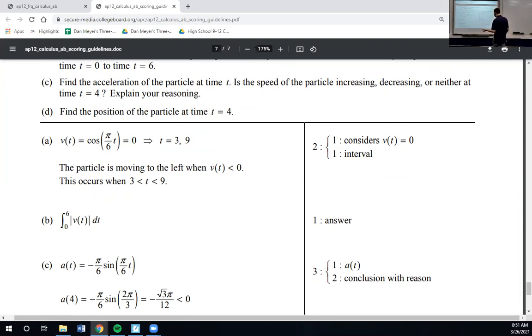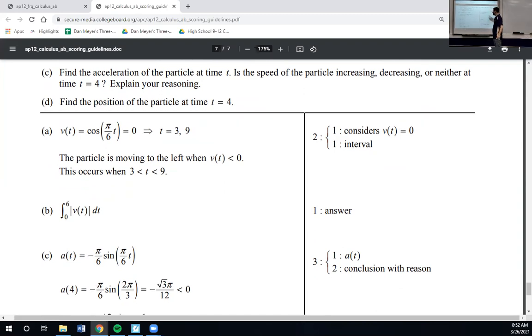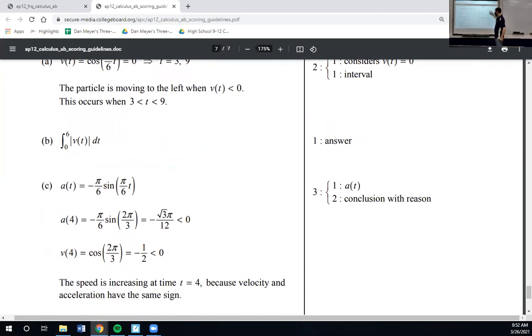So that means that our acceleration is negative. We already said our velocity was negative, so that means it is moving to the left, and it's getting pushed leftward by the acceleration, which means that we are speeding up. Speed is increasing because velocity and acceleration have the same sign. That should be your explanation.